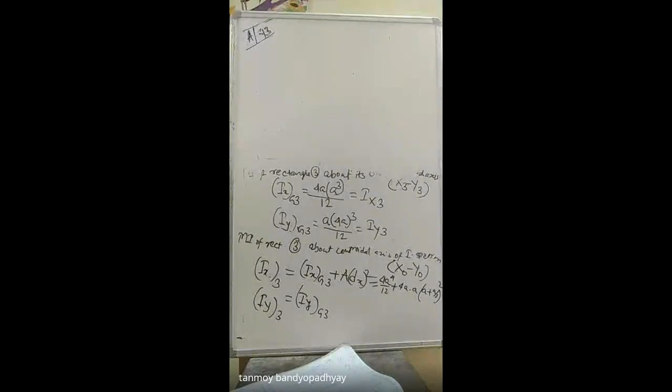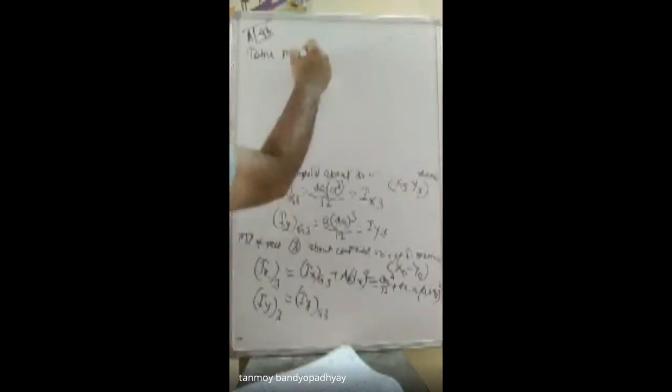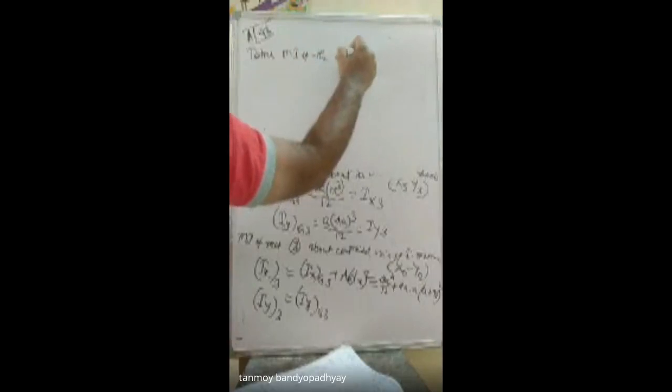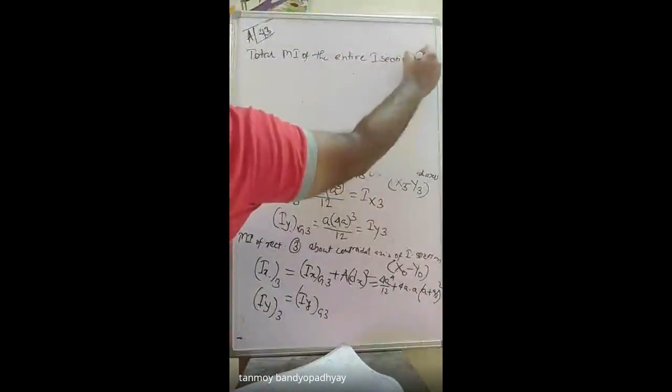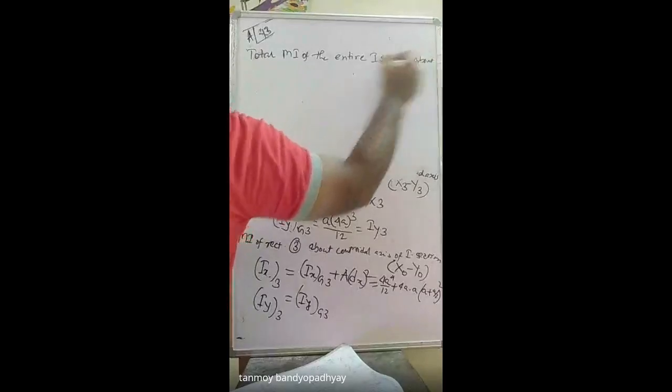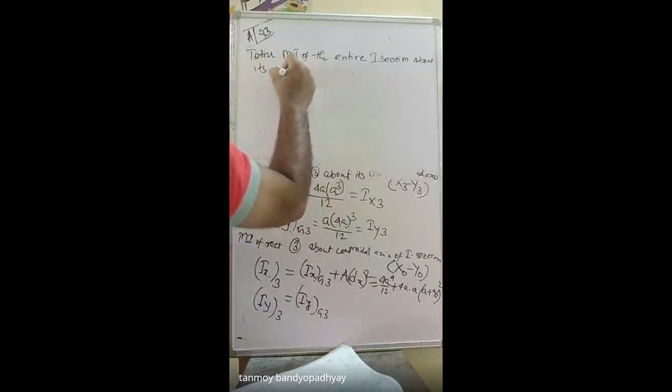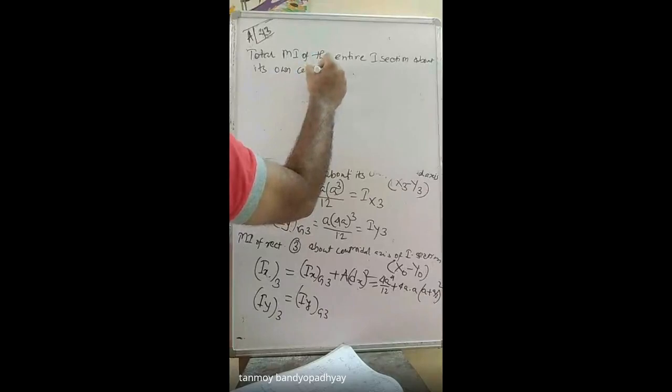So now the total MI of the entire I section about its own centroidal axis.